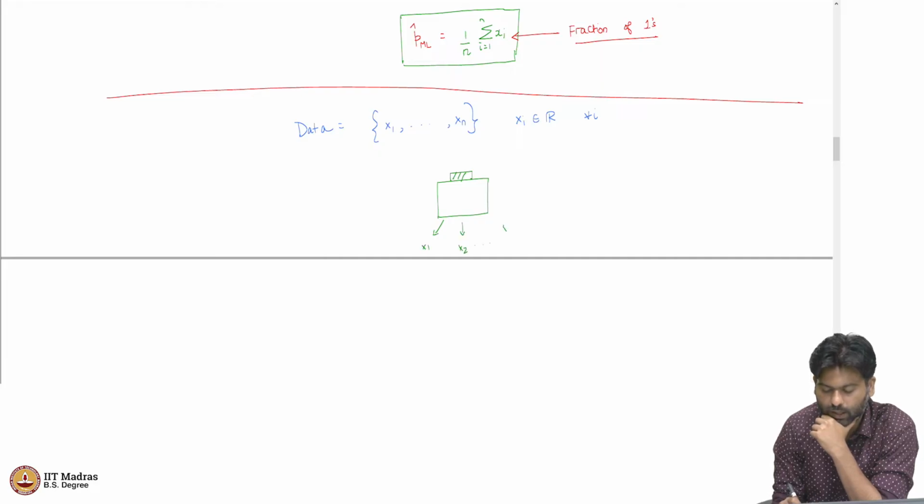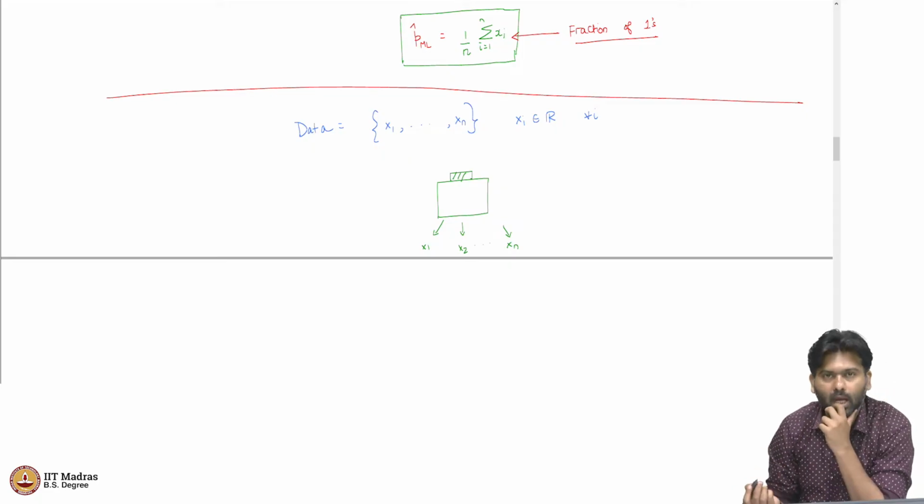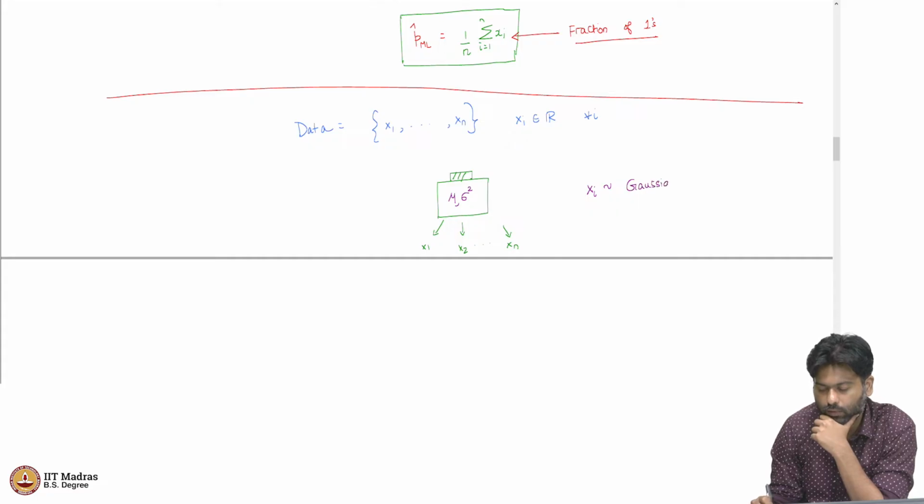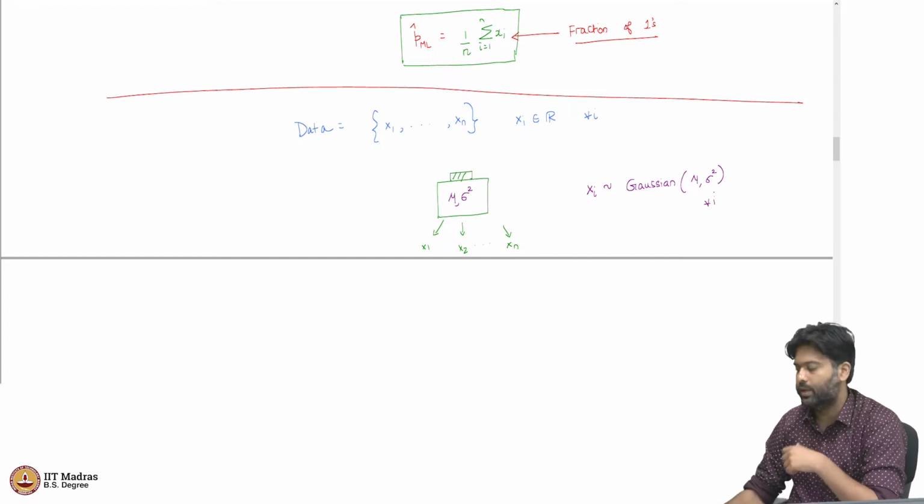But because our data can be any real value, we want a box that can explain real numbers. The simplest thing would be to assume that the box has a Gaussian random variable with some mean mu and some variance sigma squared. So I am assuming xi is Gaussian with mean mu and variance sigma squared for all i. That might be another reasonable assumption to explain this data.